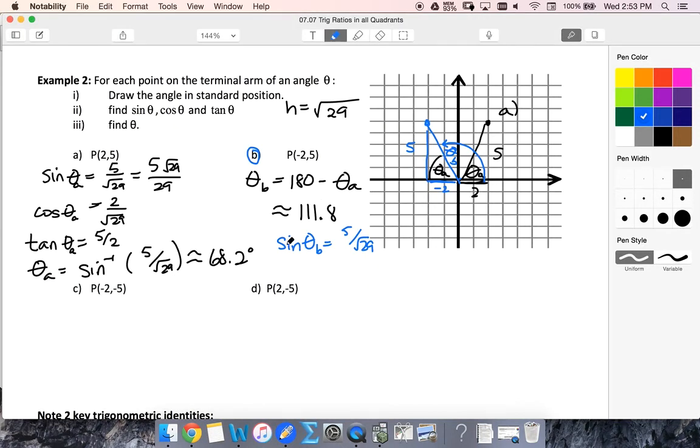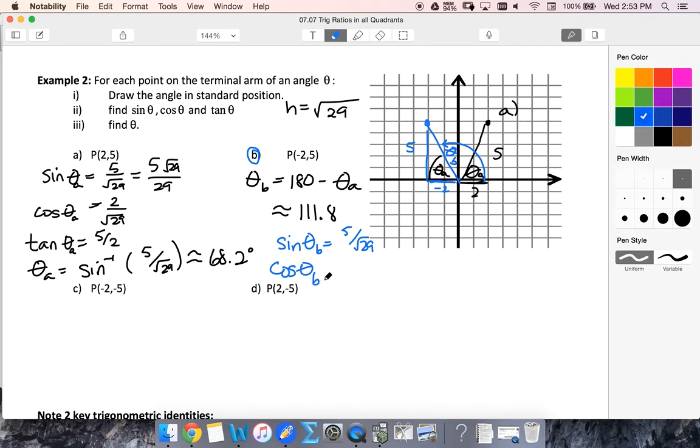So if we had tried to solve for theta now, if we had done sine inverse of 5 over root 29, our calculator would have told us this value. Because we drew the picture, we knew that theta B was actually bigger than 90. So we had to do the 180 minus theta A. So we couldn't have used our calculator to find the angle in quadrant 2 with the sine ratio. Let's look at the cosine ratio.